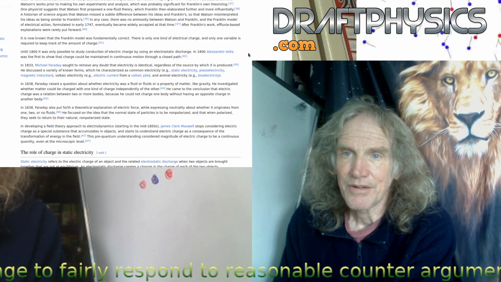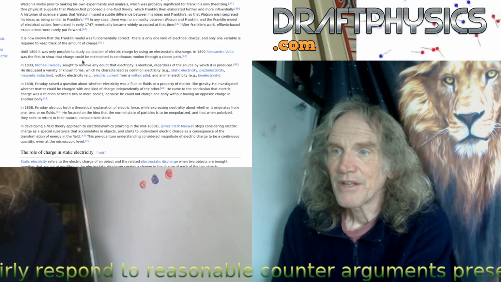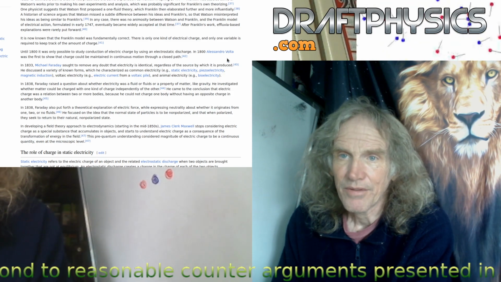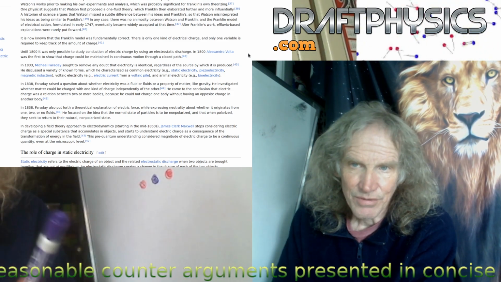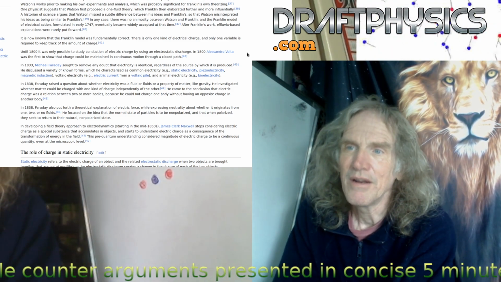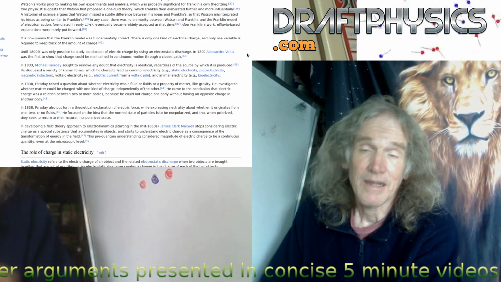In 1800, Alessandro Volta was the first to show that charge could be maintained in continuous motion through a closed path. Now charge moving, again, it's just electrons. So now you're saying I can move electrons from one place to another if I have a conductor. But they won't move unless I have a conductor.